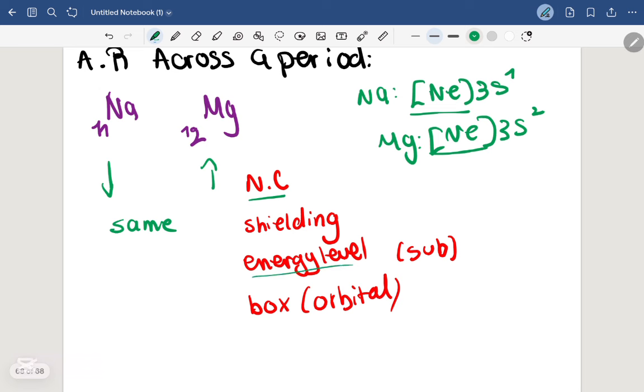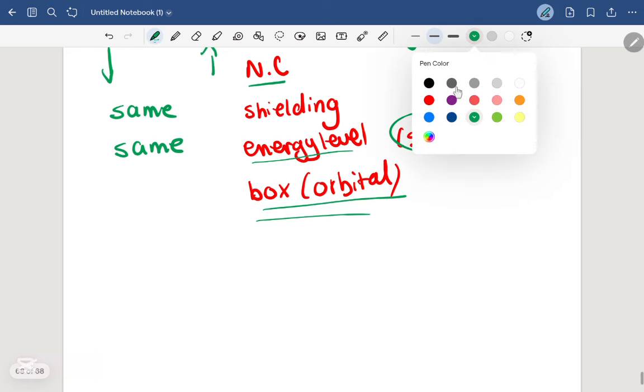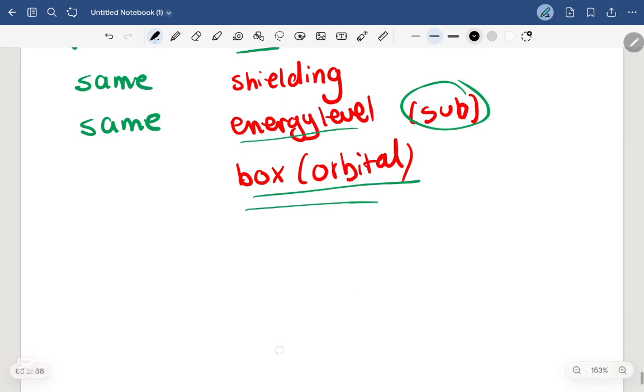Now, energy level and sublevel: going across the period, the energy level stays the same, and so does the sublevel in this scenario. So what do we do? If we have only nuclear charge to help us, we open the box orbitals. Very, very important concept.